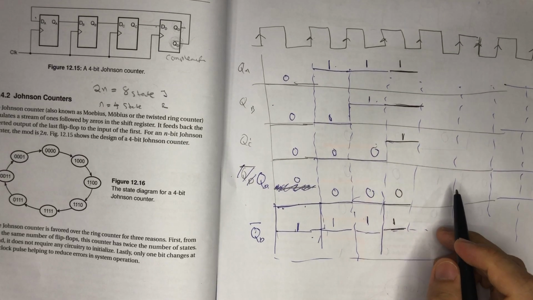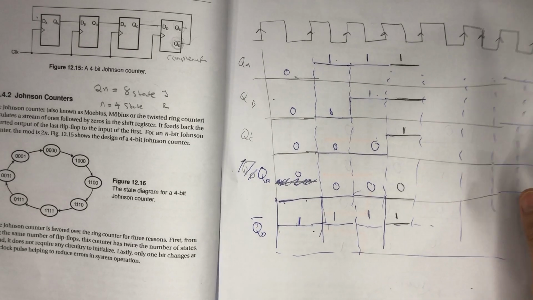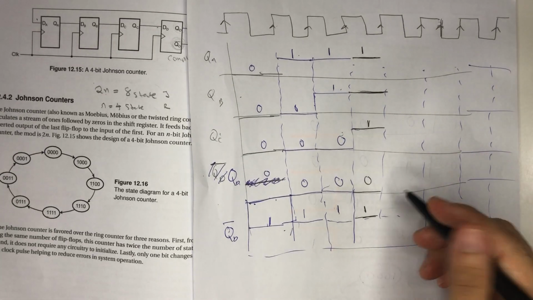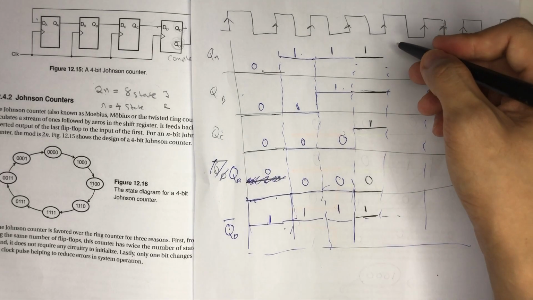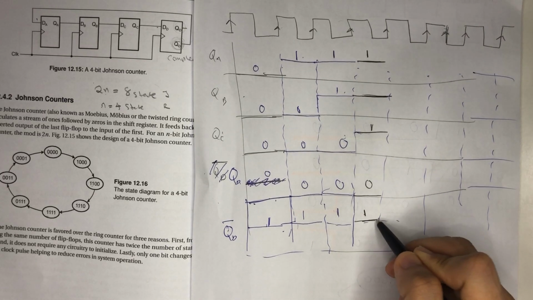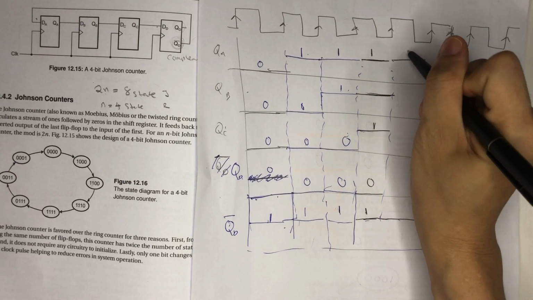So in the next rising edge, you can see the 1 here will feed back to this DA still, so you have a 1 here.